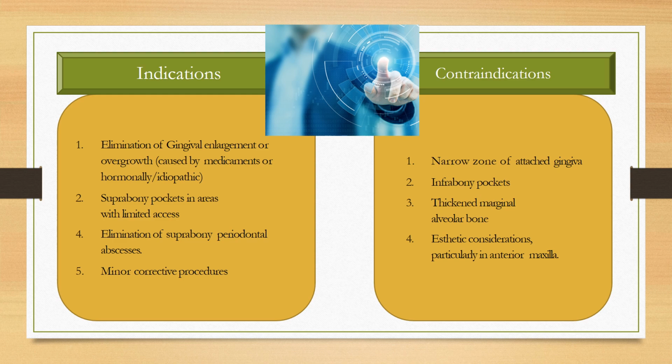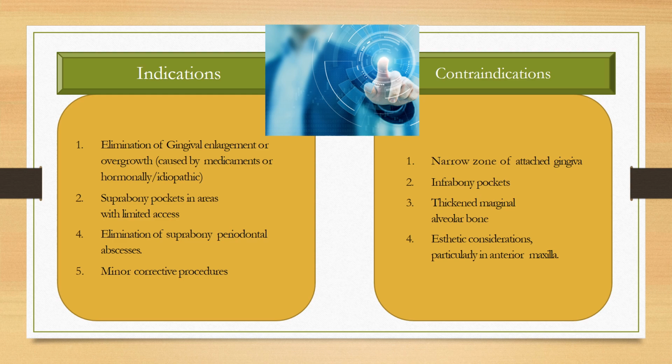Coming to the indications and contraindications. What are the indications? To eliminate gingival enlargement, that is, in case of idiopathic gingival fibromatosis, drug-induced gingival enlargement, or hormonal enlargement such as puberty-associated or pregnancy-associated gingival enlargement.